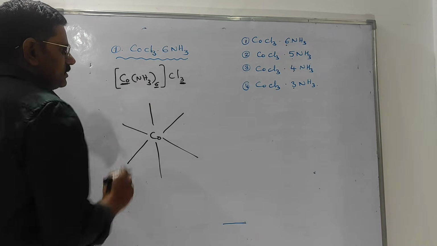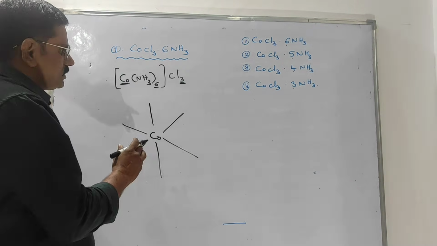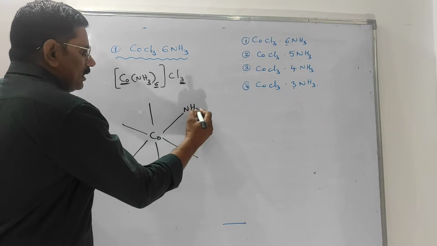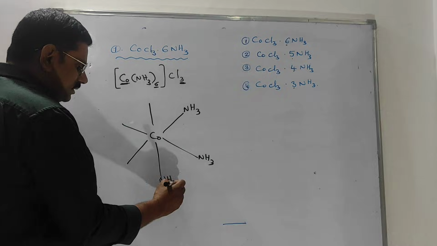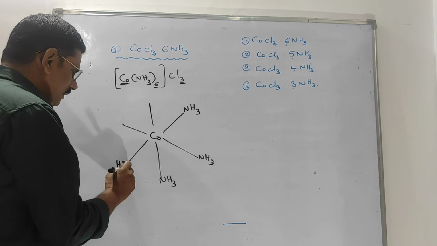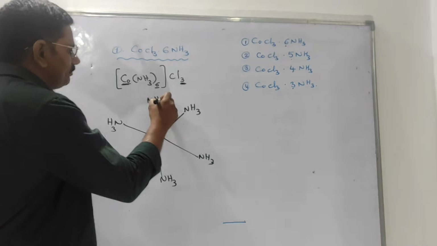The ligands within the coordination sphere are showing secondary valency. We will represent them with a solid line.